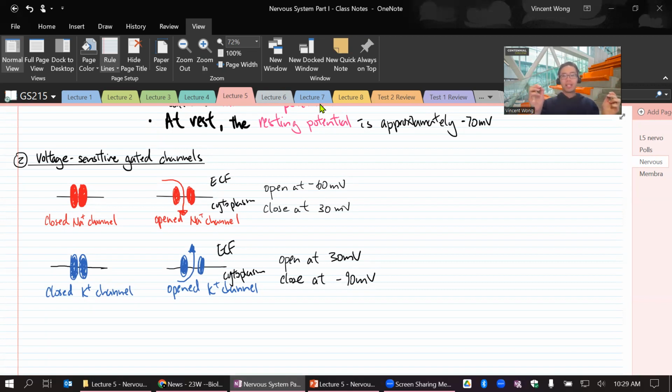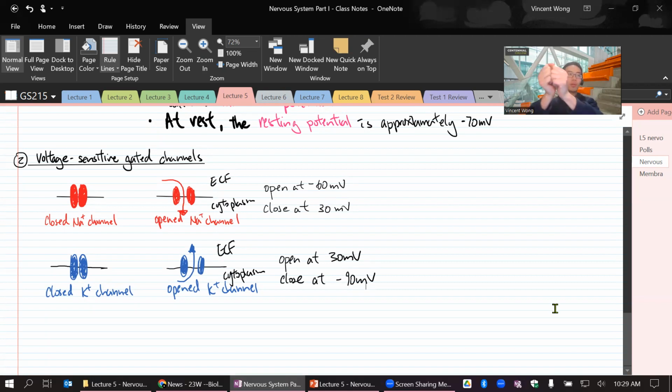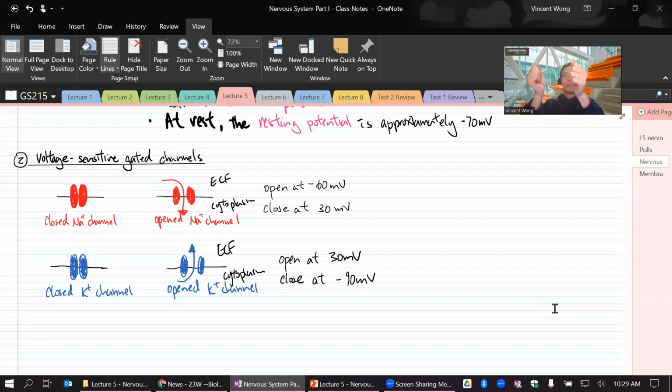What's the membrane potential at this point? -70, right? So at -70, which is lower than -60, all the sodium channels will be closed like that. Once we get to -60, and I'll tell you how we get there in a bit, they will open. And then eventually they will close at +30.